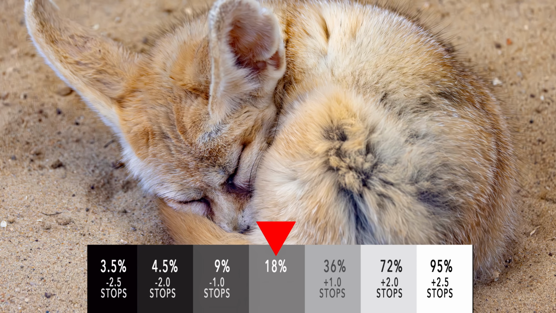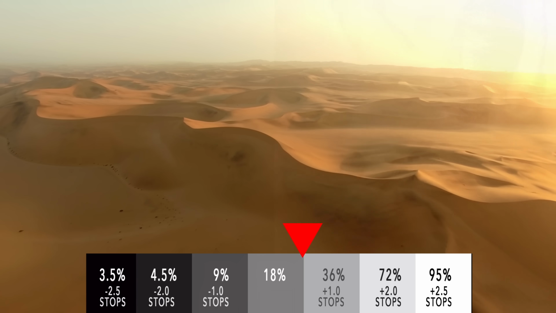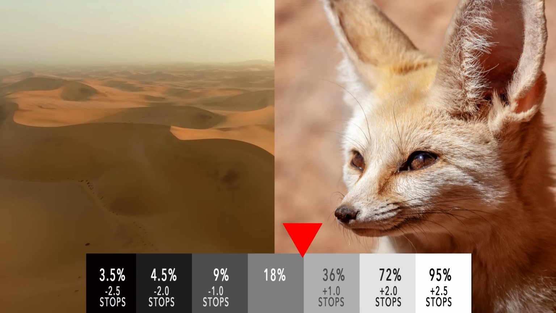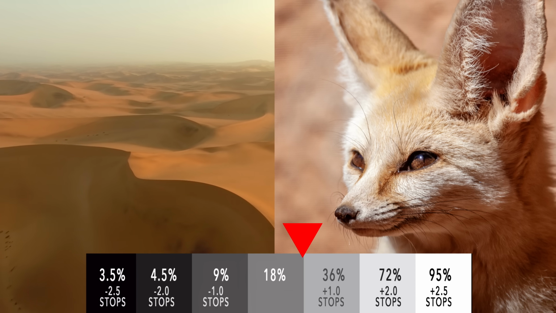Now, the Fennec fox sits on the grayscale just about half a stop towards the brighter side. But here's the problem. The sand sits exactly where the Fennec fox is going to sit. So how do I expose while separating the subject and the background? That's a challenge that I'm facing.